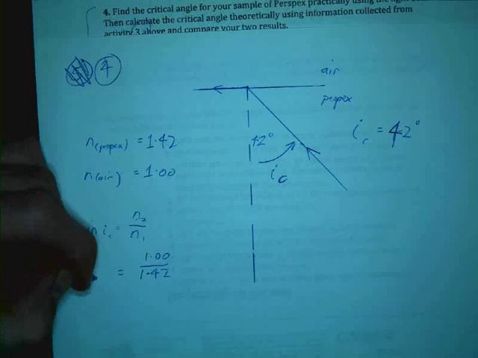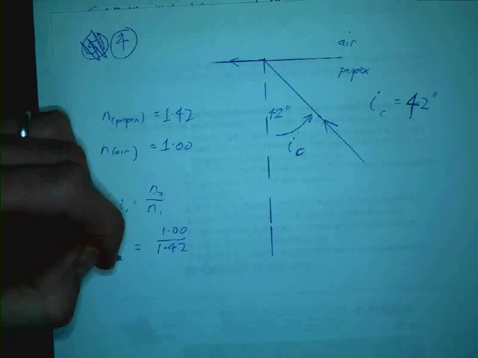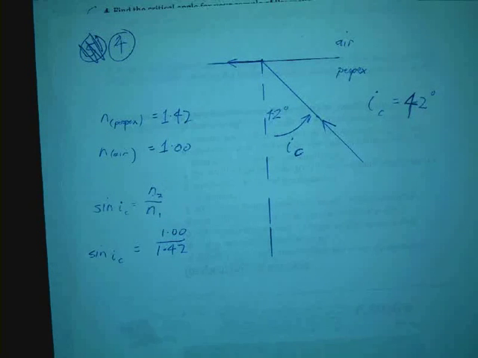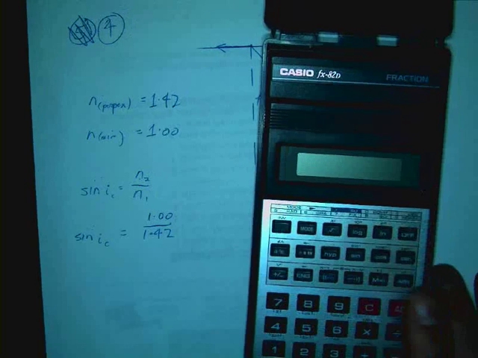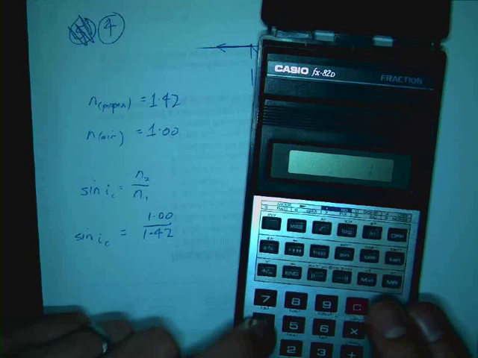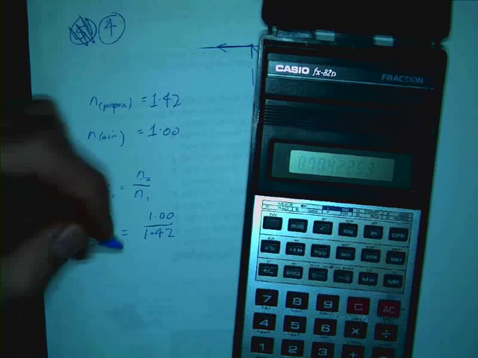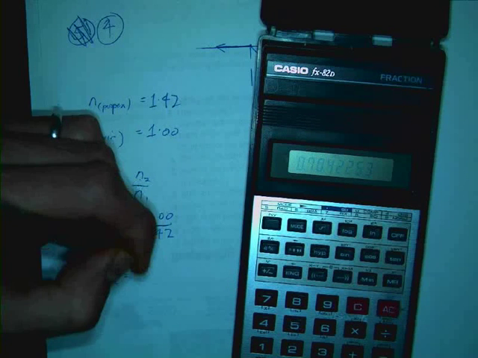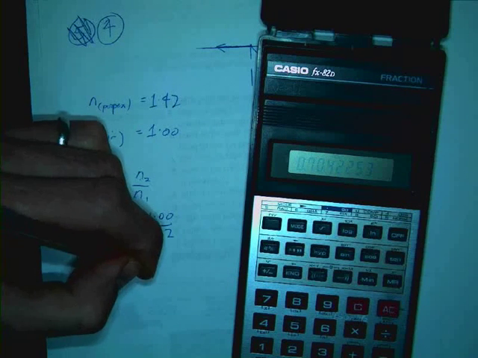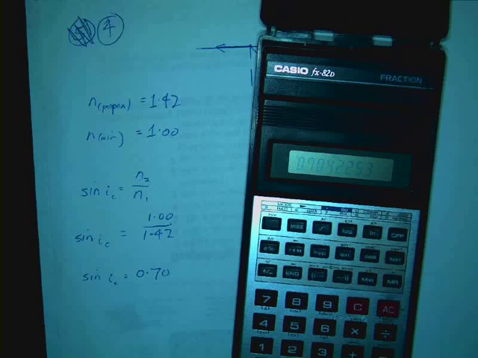Don't get that mixed up, otherwise you're going to get an error on your calculator and you're going to wonder how you get an error for a number. Okay, 1 divided by 1.42 equals, so the sine of the critical angle is 0.7.